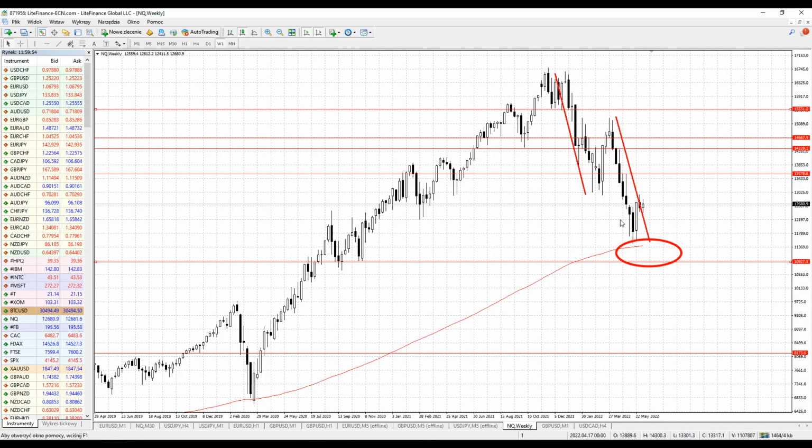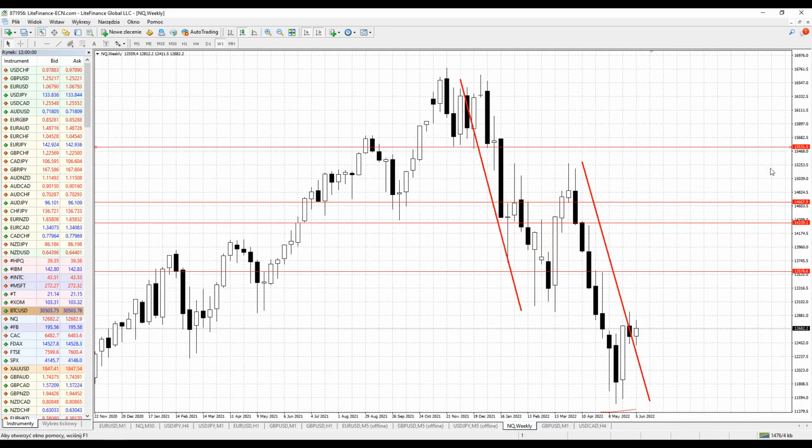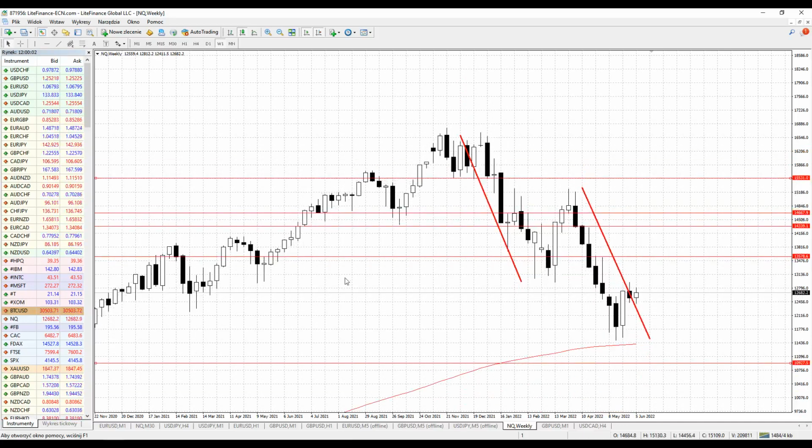So how big could the bounce be? All right, so as you can see here on the weekly chart, we can have in mind 2 sizes of bounces, right? I think this type over here, right, we already seen equal like here, okay, and this type of bounce, all right?